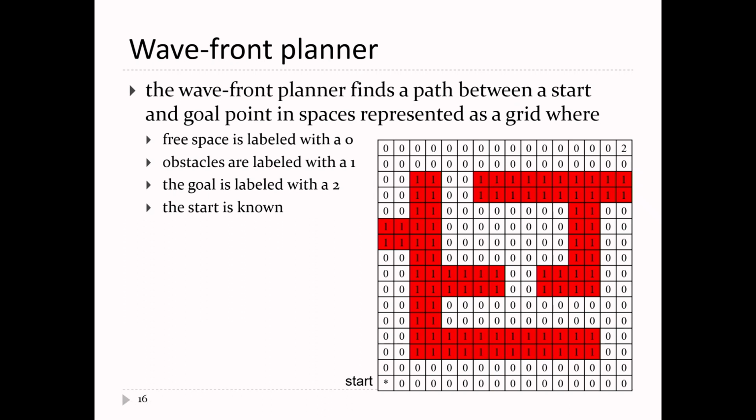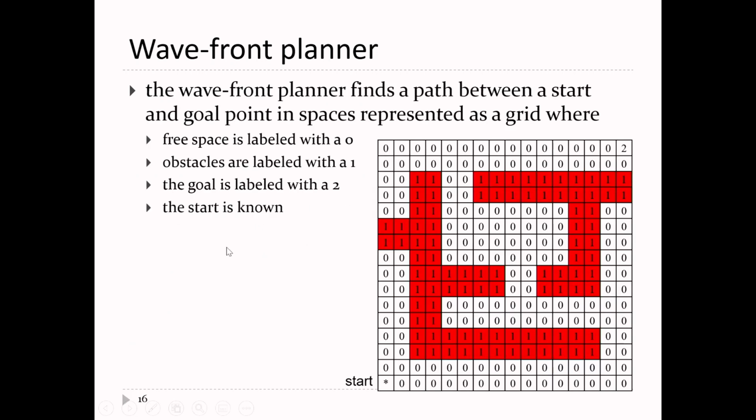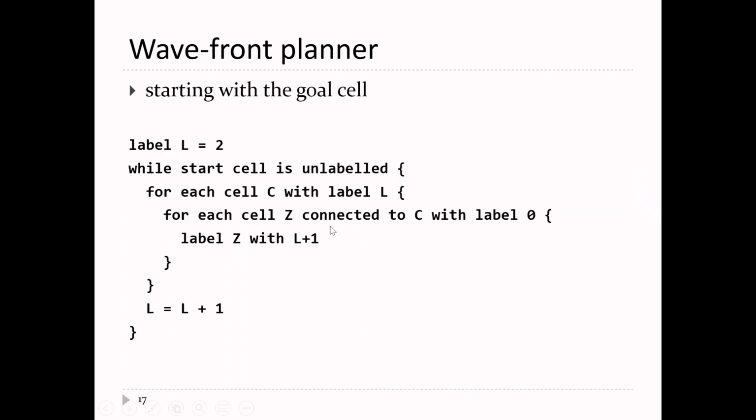And so the way the Wavefront Planner works is as follows. Starting at label number 2, as long as that starting cell is unlabeled, for every cell C that has the label L, so has the value 2, you just look at the cells connected to that cell that have the label 0.